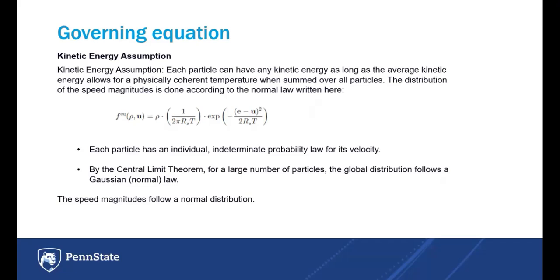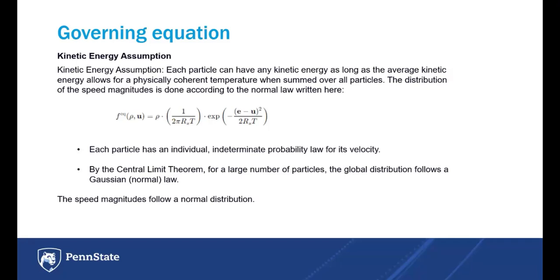For the distribution of the speed and magnitudes, if we consider that each particle individually has a velocity according to a probability law, the central limit theorem teaches us that for a large number of particles, the distribution law to be globally applied is the Gaussian normal law.